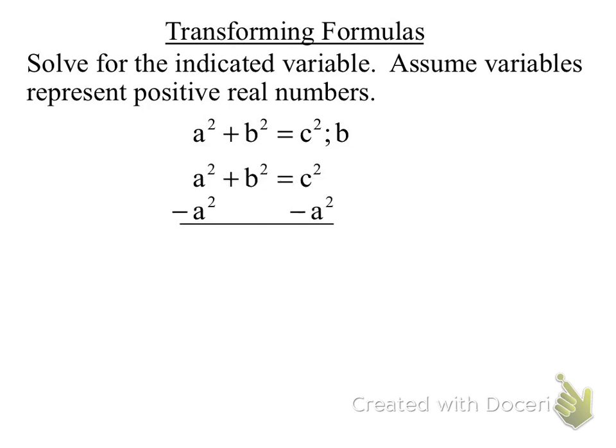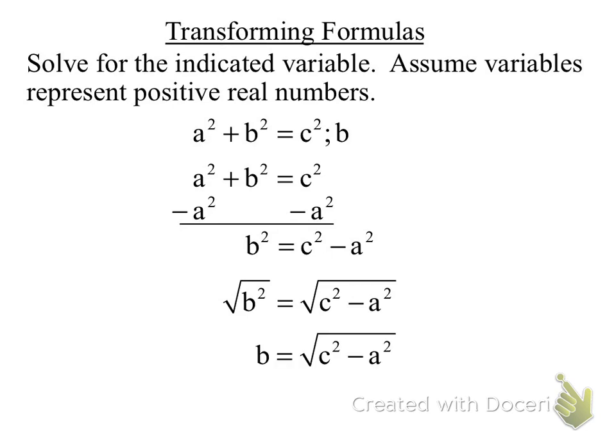We can't just subtract an a, okay? Now what, Julia? Root both sides. b equals, nope, radical c squared minus a squared.